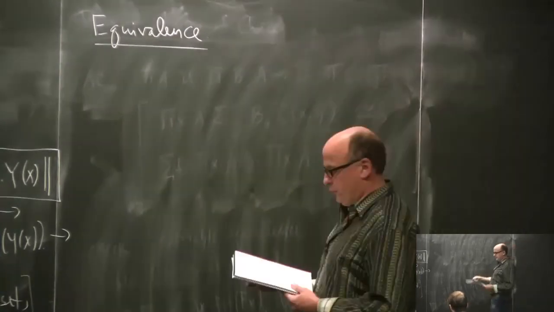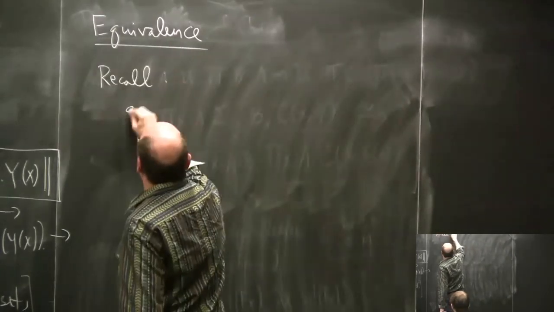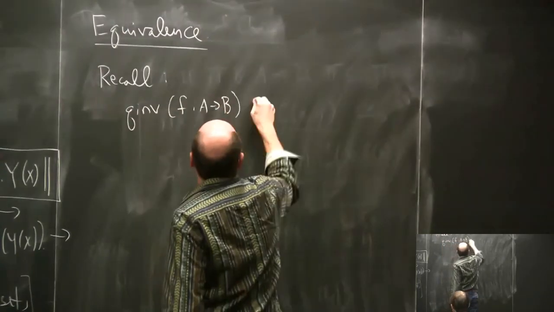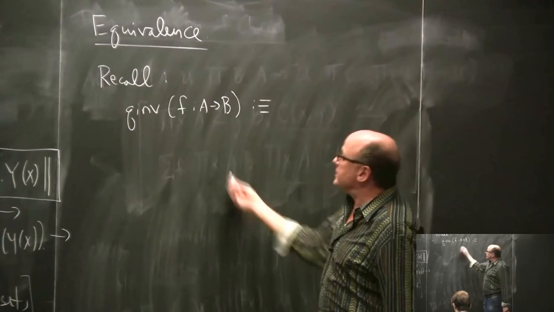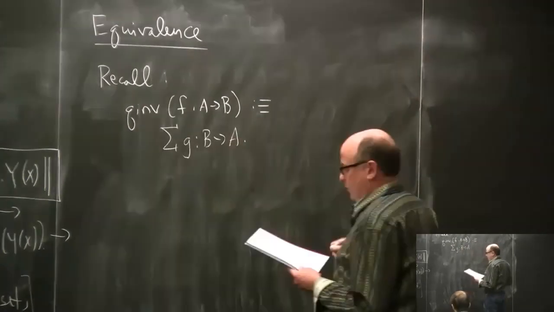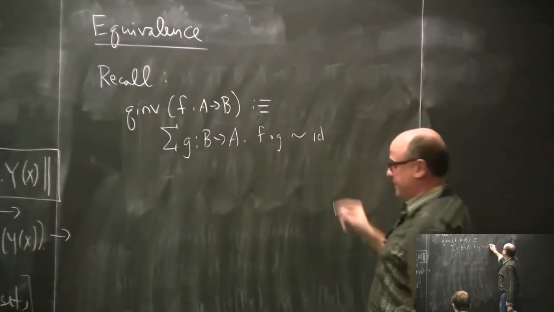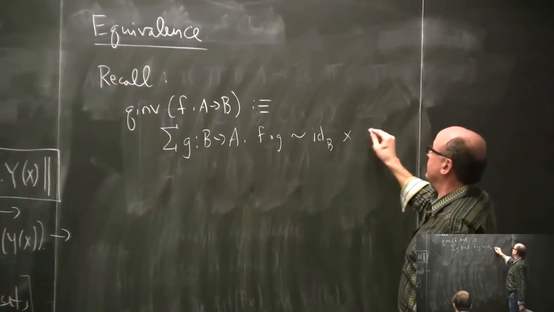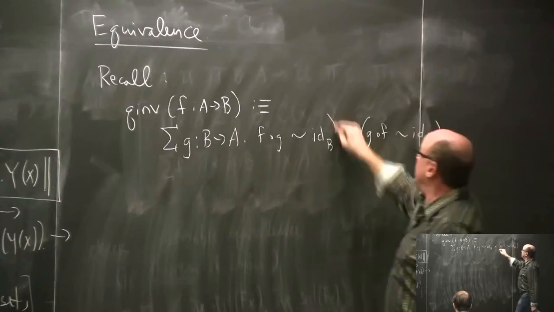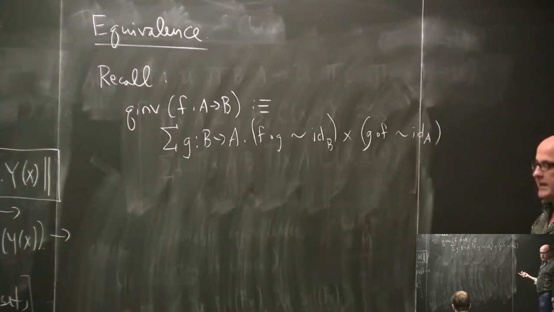So remember, we defined what it is for f, which goes from A to B, to have a quasi-inverse. It was just defined to be what you think: there's a g from B to A which is left and right inverse to it. A way to say that is that f composed with g is homotopic to the identity on B, and g composed with f is homotopic to the identity on A. And remember, the function homotopies mean universal quantification.